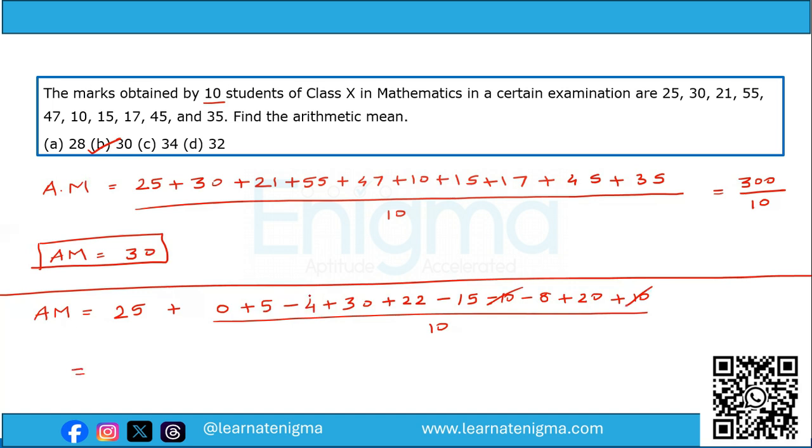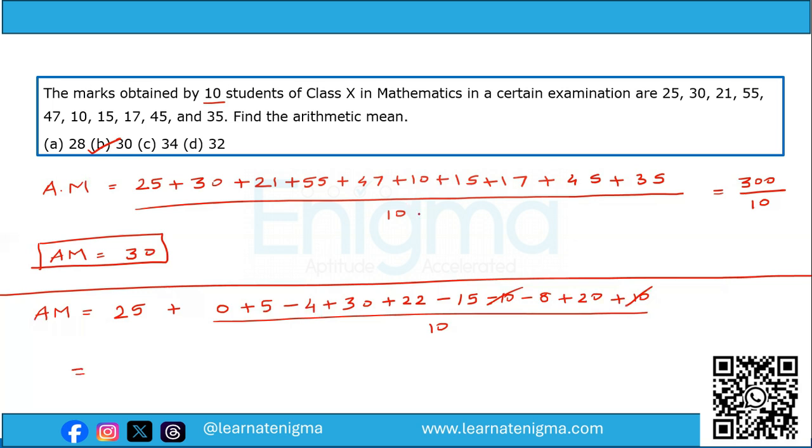So 5 minus 4 is plus 1, plus 1 plus 30 is plus 31. 31 plus 22, that is 53. Minus 15, we have 38. Minus 8, we have 30. Plus 20, we have 50.